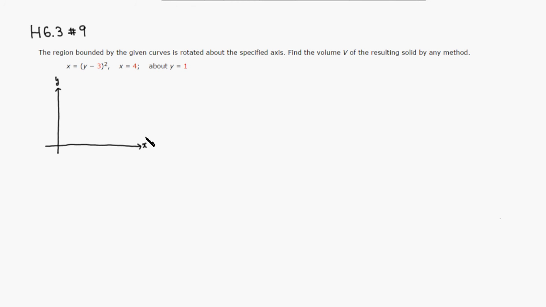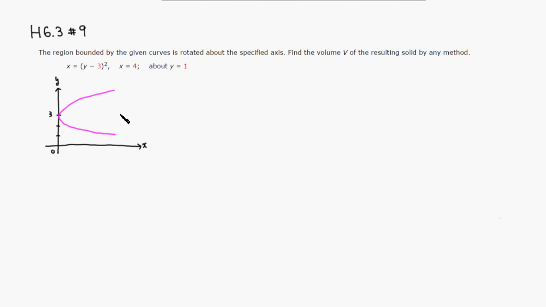So y squared would be a sideways parabola, and the negative 3 moves it in the positive y direction 3 notches. So that would be, let's see, 1, 2, 3. So let's say this is 3 there. Then the parabola is going to look kind of like that.